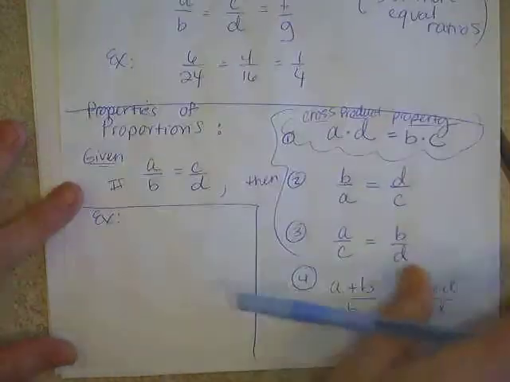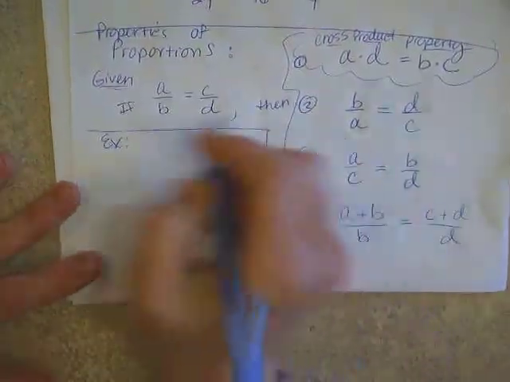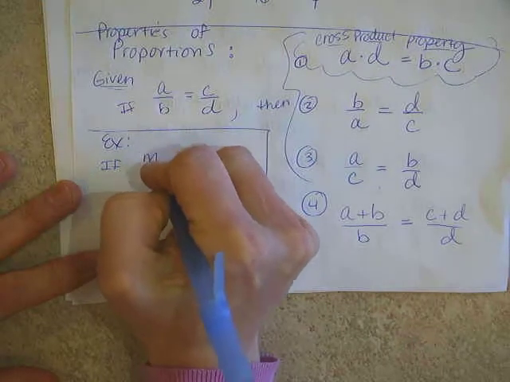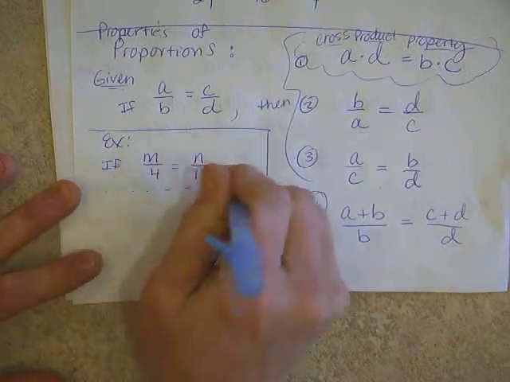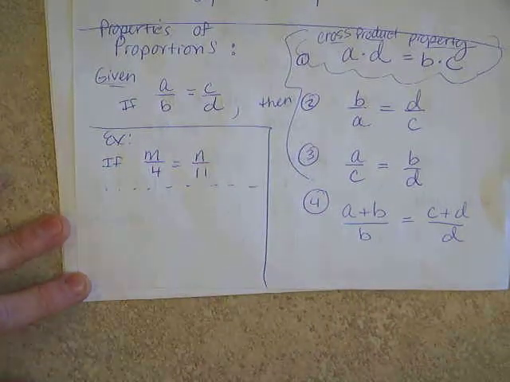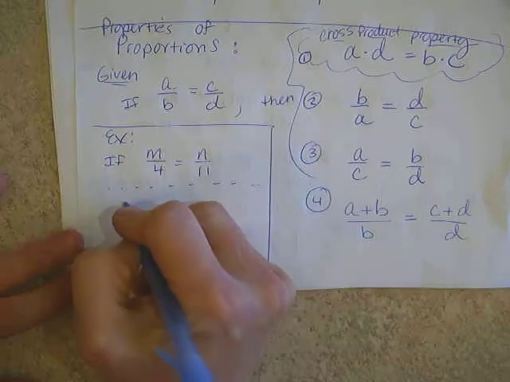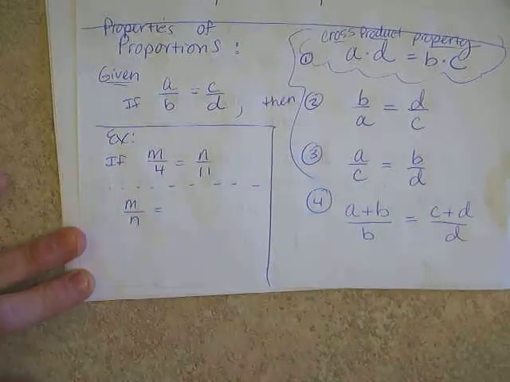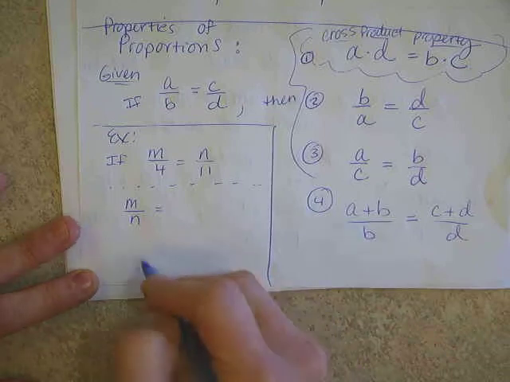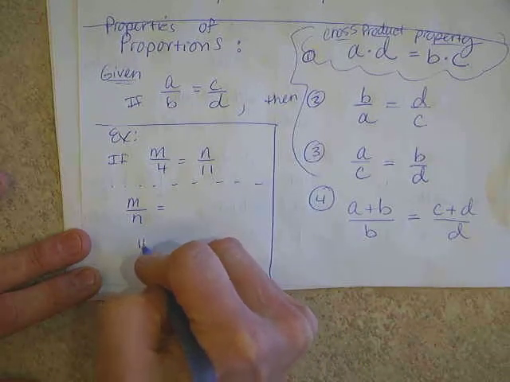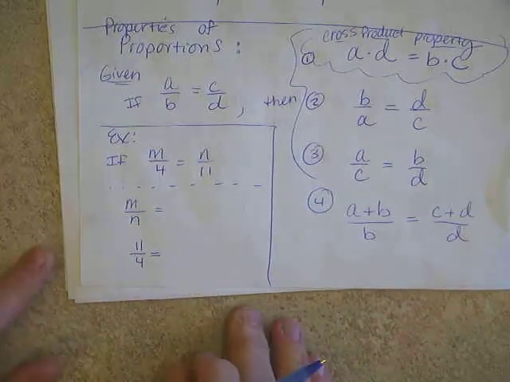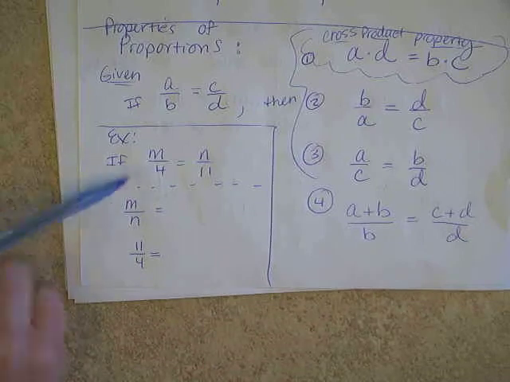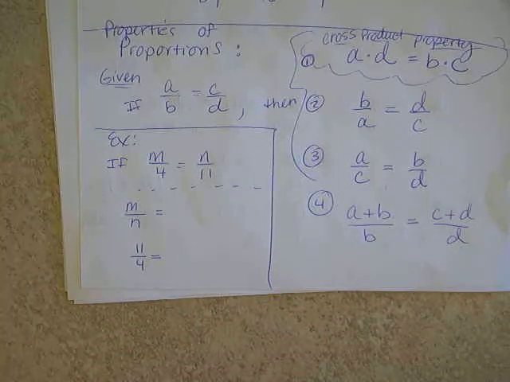All right, so an example, so you know how it's going to work when you do the actual homework. If m over 4 equals n over 11, okay, you're going to be completing the statement. Okay, so there are two of these.